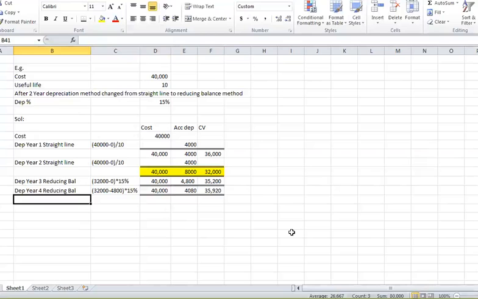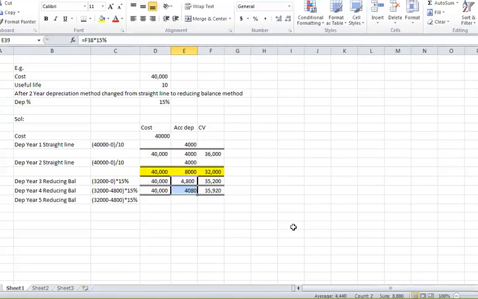Same goes for year number 5. In the year number 5, once again things will remain same, but what is the total depreciation we have charged after change in estimate?